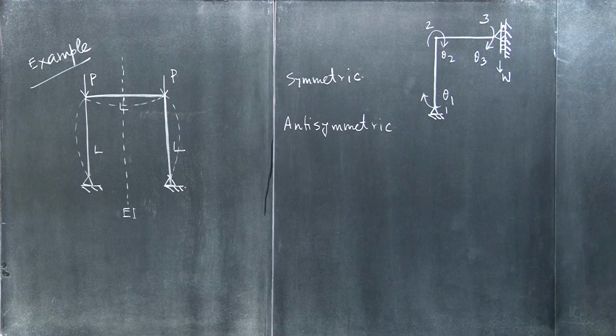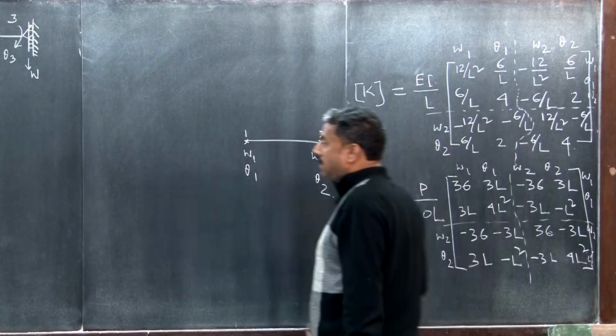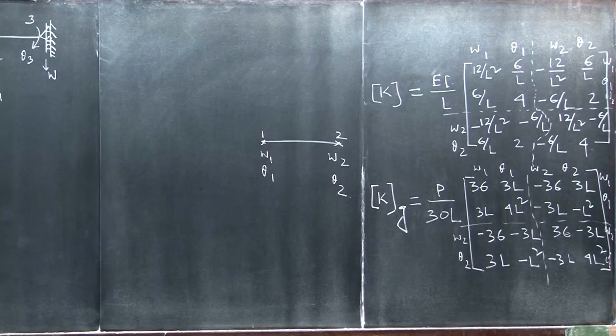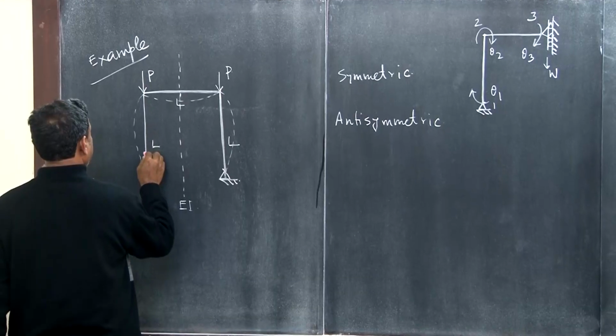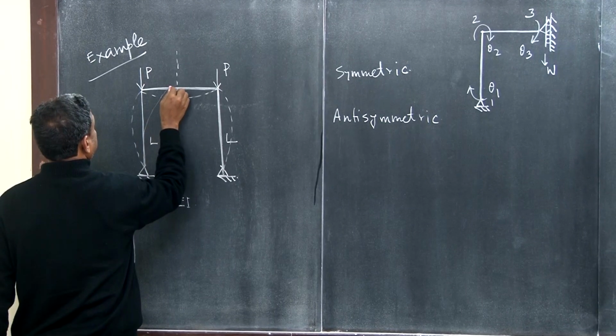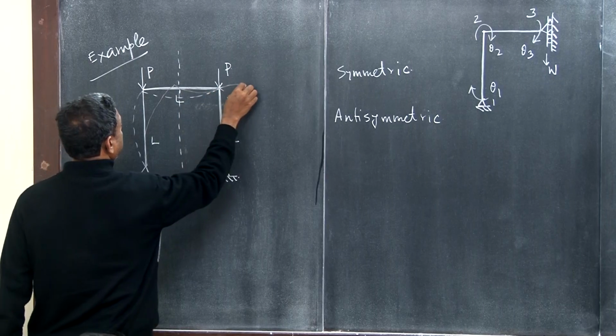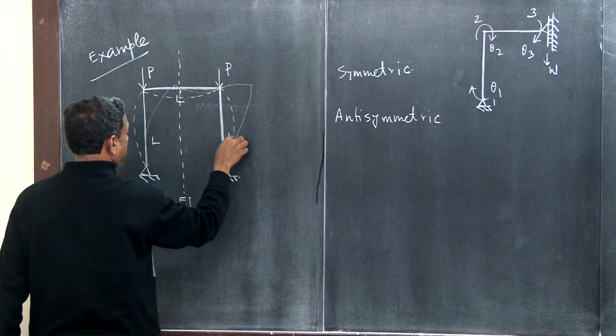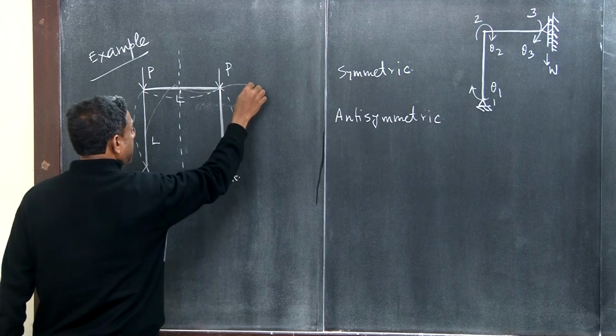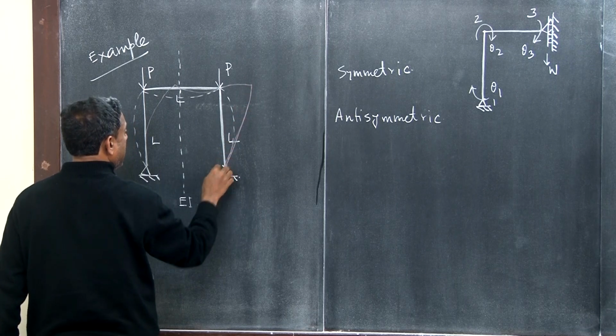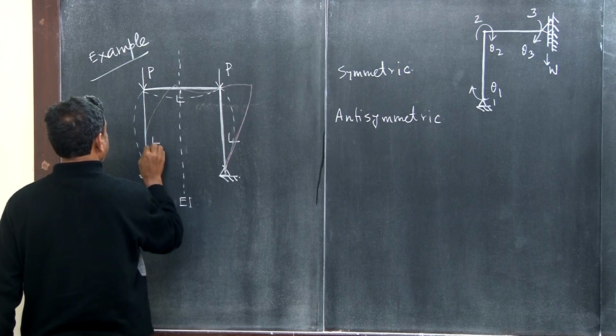Now, if it is deforming under anti-symmetric mode, then what is going to happen? You see that this will go there, and this will come there, and it will be something like this. So this is the anti-symmetric mode.